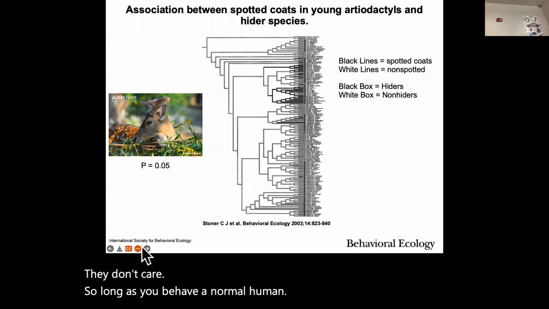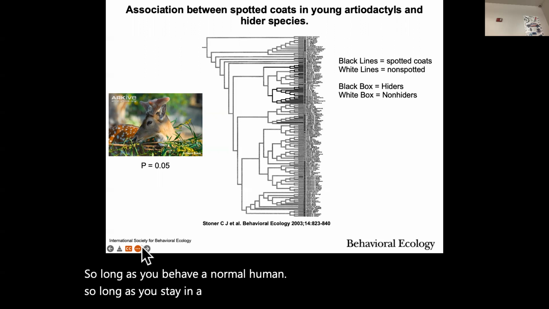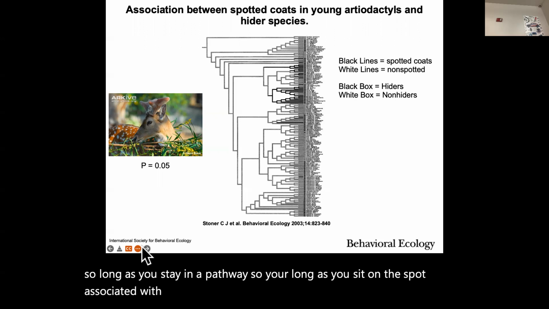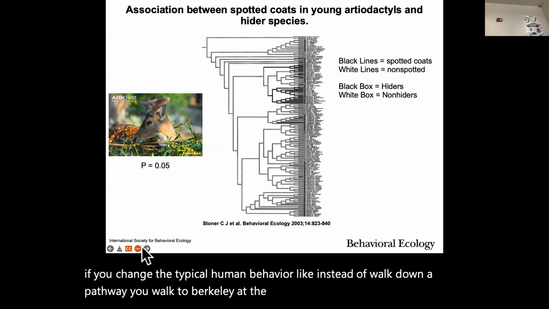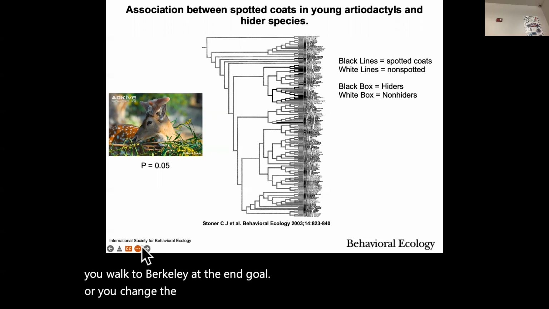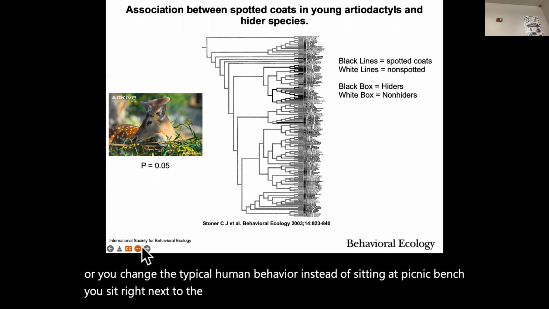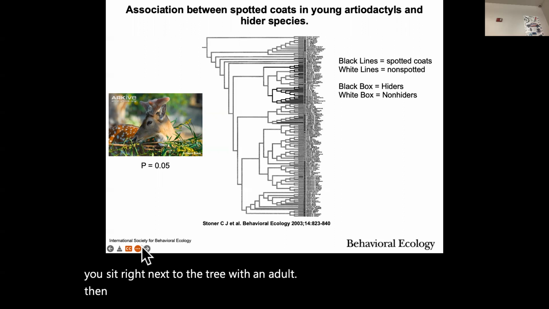So long as you stay on a pathway, so long as you sit on the spots associated with humans, they don't care. If you change the typical human behavior, like instead of walking on a pathway, you walk directly at the anole, or instead of sitting at a picnic bench, you sit right next to the tree within an anole's area, then they care. But they don't care otherwise.